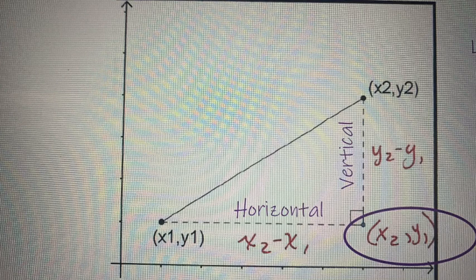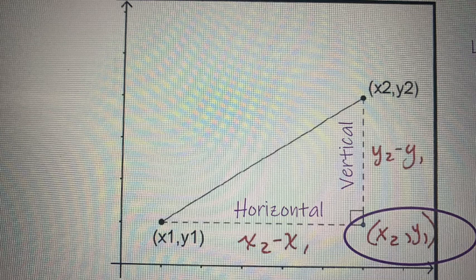So I've made a drawing here, and I've used generic x's and y's. I have x sub 1 and y sub 1, and I have x sub 2 and y sub 2. And then, if you notice, I have the horizontal distance and the vertical distance, and they meet at the point (x sub 2, y sub 1).